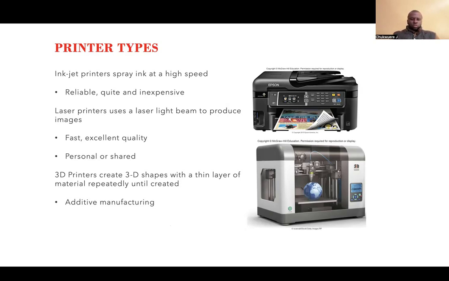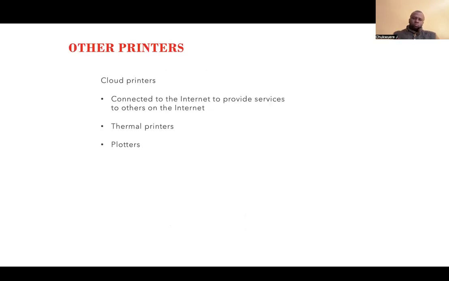The last one is the 3D printer, which creates 3D shapes, as I've explained before, right? To show an item, a material, to create something that you can see, you can feel and touch. Other printers are cloud-based printers, which are connected to the internet to provide service to others on the internet.